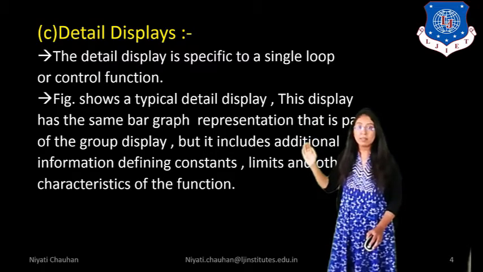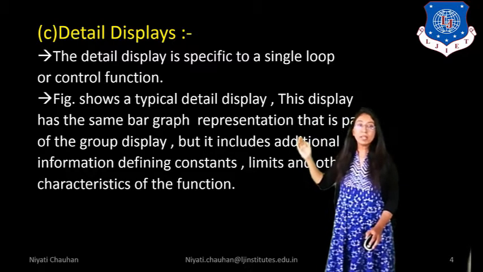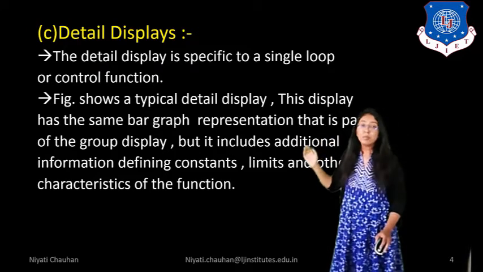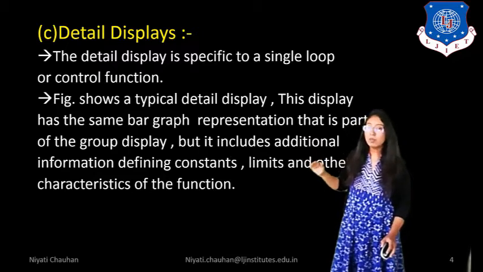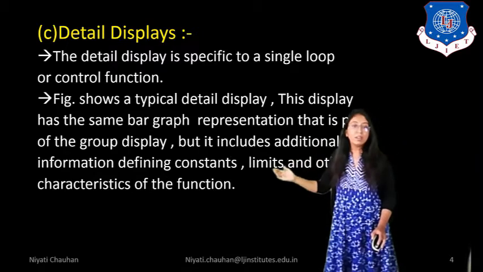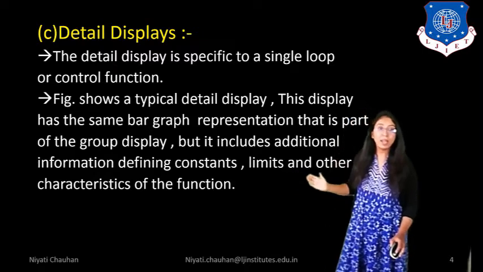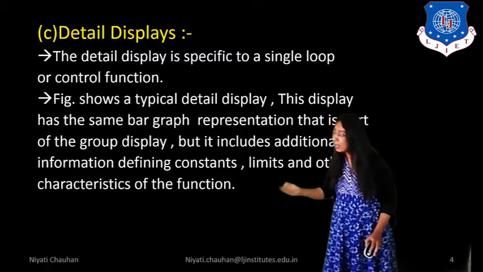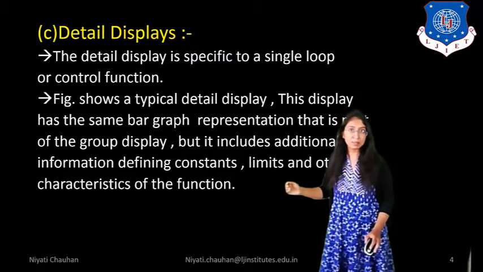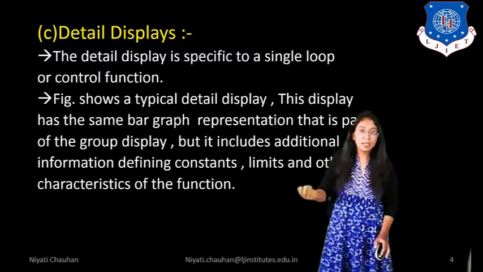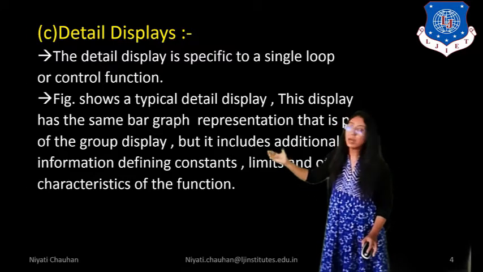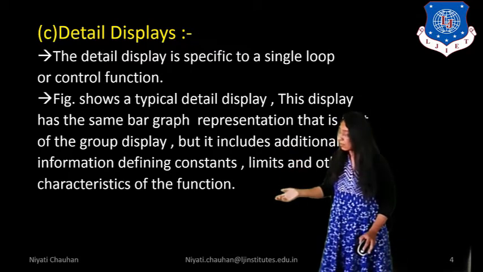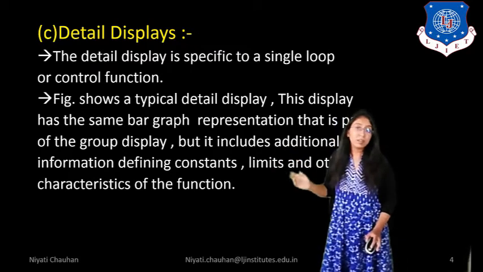This display has the same bar graph representation that is part of the group display, but it includes additional information defining constants, limits and other characteristics of the function. So in detailed display, we analyze the whole graph in detail, for a single loop.